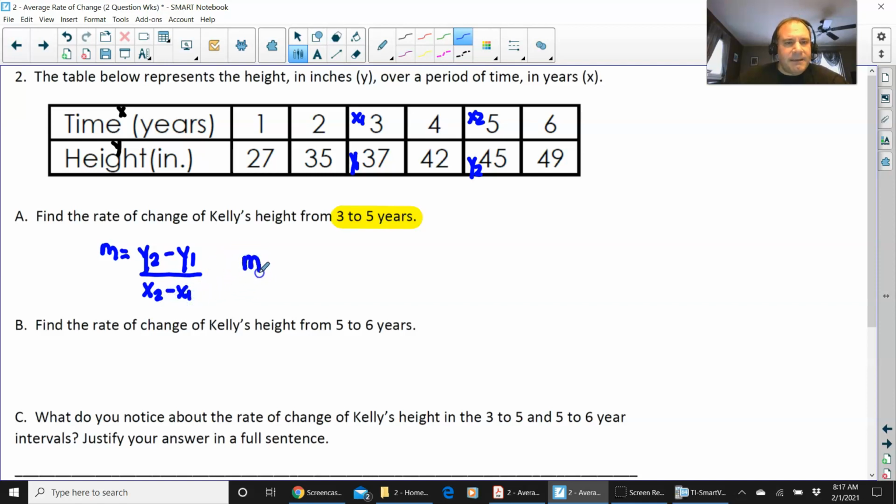Perfect. M equals, and we're going to put the minus signs in, and we have y2, which is 45, y1, which is 37, and x2, 5 minus x1.